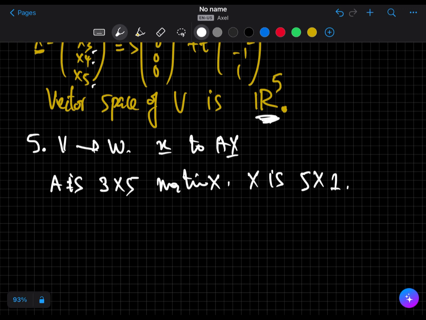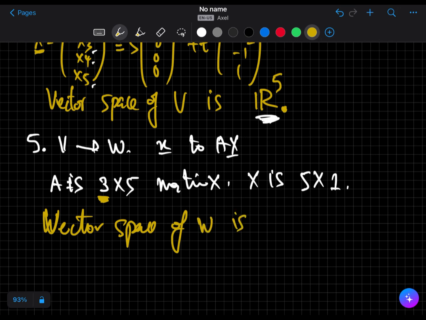Therefore, we can see that the vector space of W will be R3. So the vector space of W is R3. Yes, that's clear and simple.